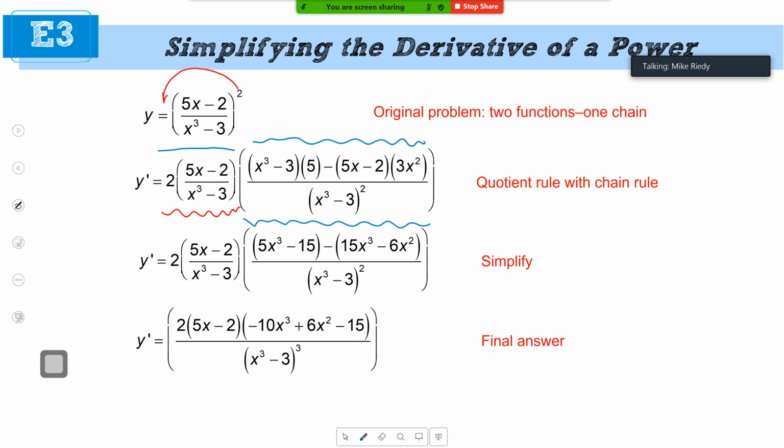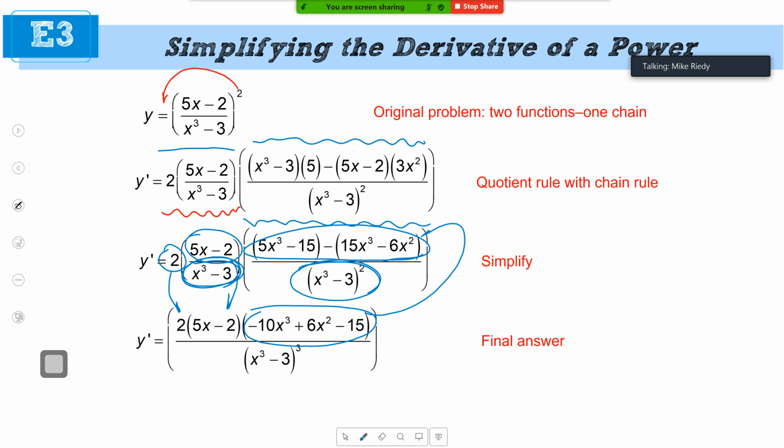Okay, so this came from those two. This just came down to here, and the 2 I just moved up to the top. And notice, x cubed minus 3 times x cubed minus 3 quantity squared is x cubed minus 3 quantity cubed. Do not multiply out denominators.